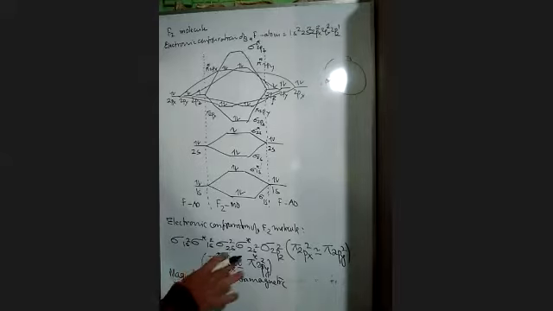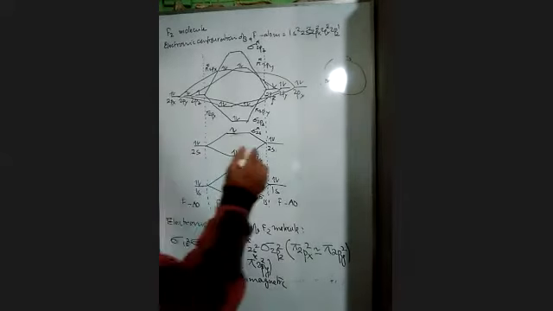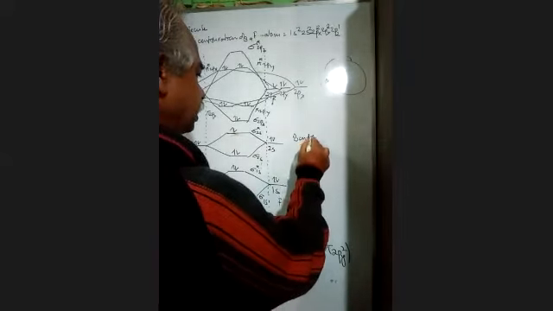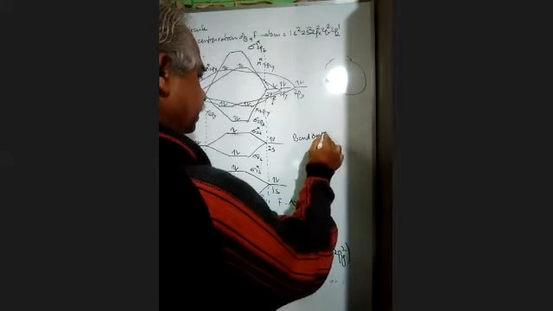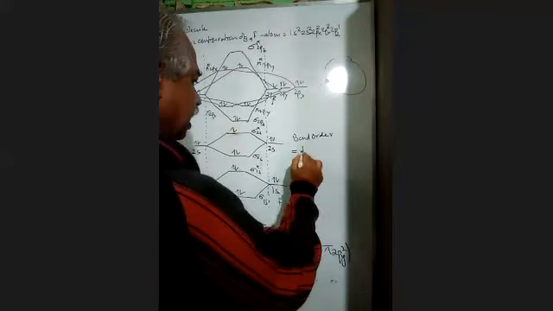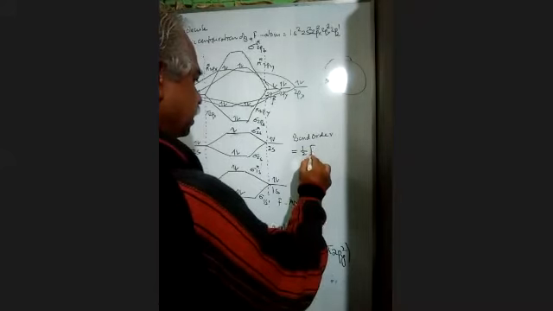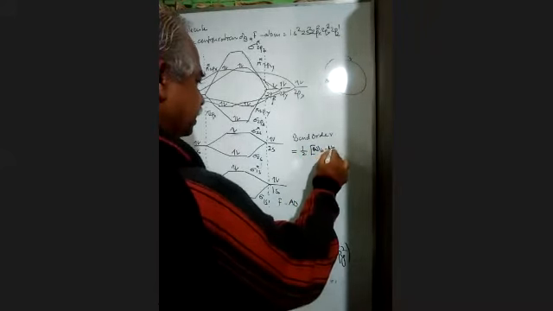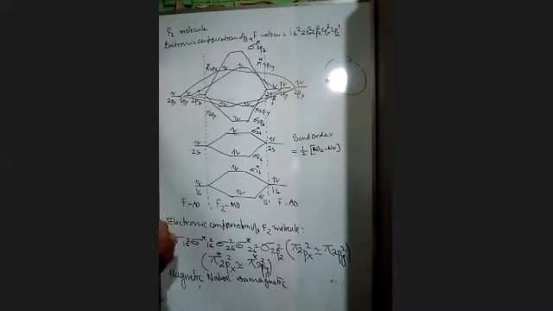In oxygen, before you go for this, please write the bond order for oxygen. Bond order. Okay. So it is half Nb minus Na.